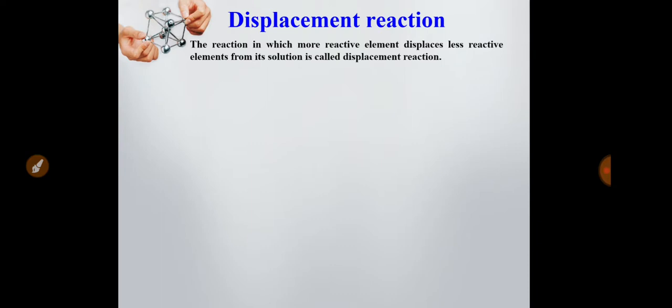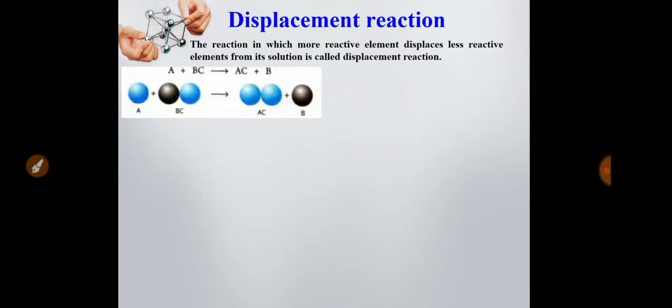So this is called a displacement reaction. We can see from the pictorial diagram that there are two different molecules, A and BC.